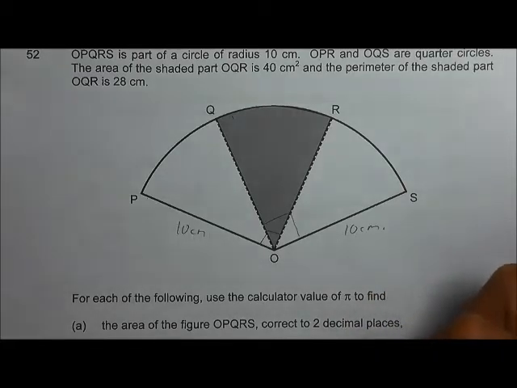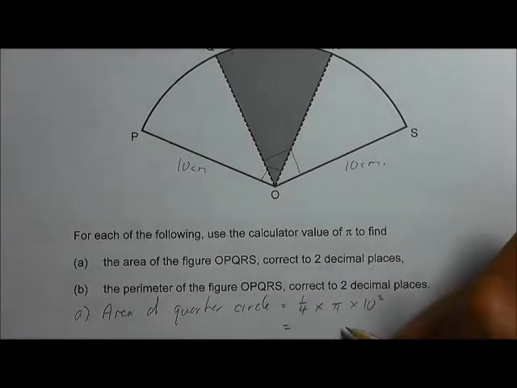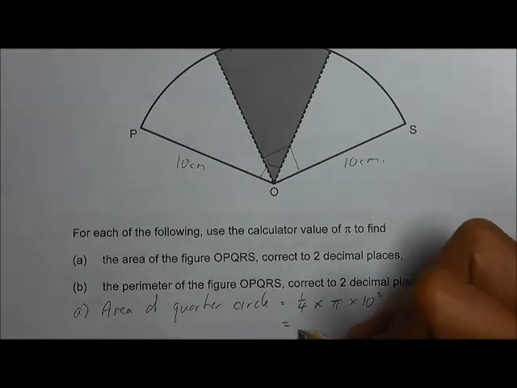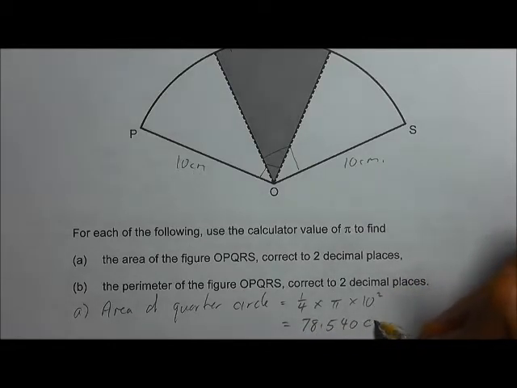Area of quarter circle is equal to 1/4 times pi times r squared, and the radius is 10, so it will be 10 squared. So we will get 78.540 cm squared.